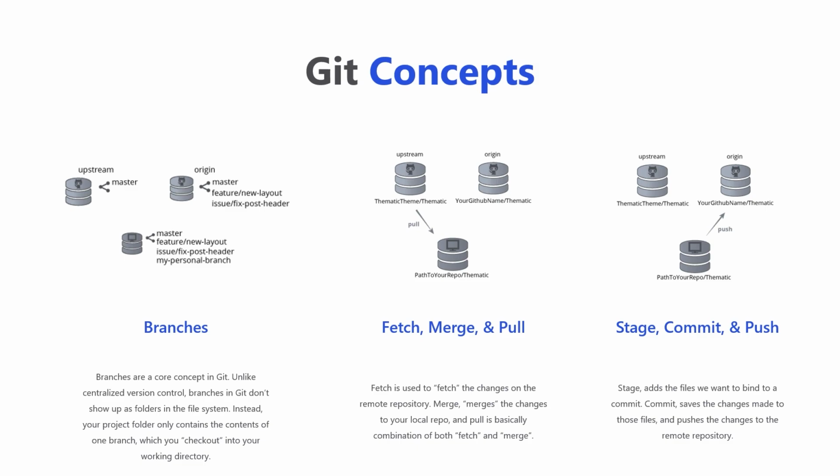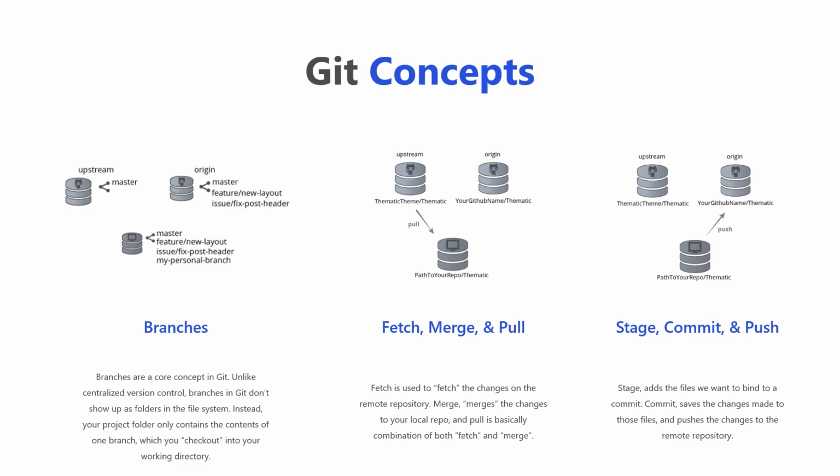What if we want to send changes from our local repository into our remote repository? Well, now we're going to talk about staging, committing, and pushing our changes. When we say stage, which is a command, we are adding the files that we are preparing to commit, or in other words, we are preparing to save.